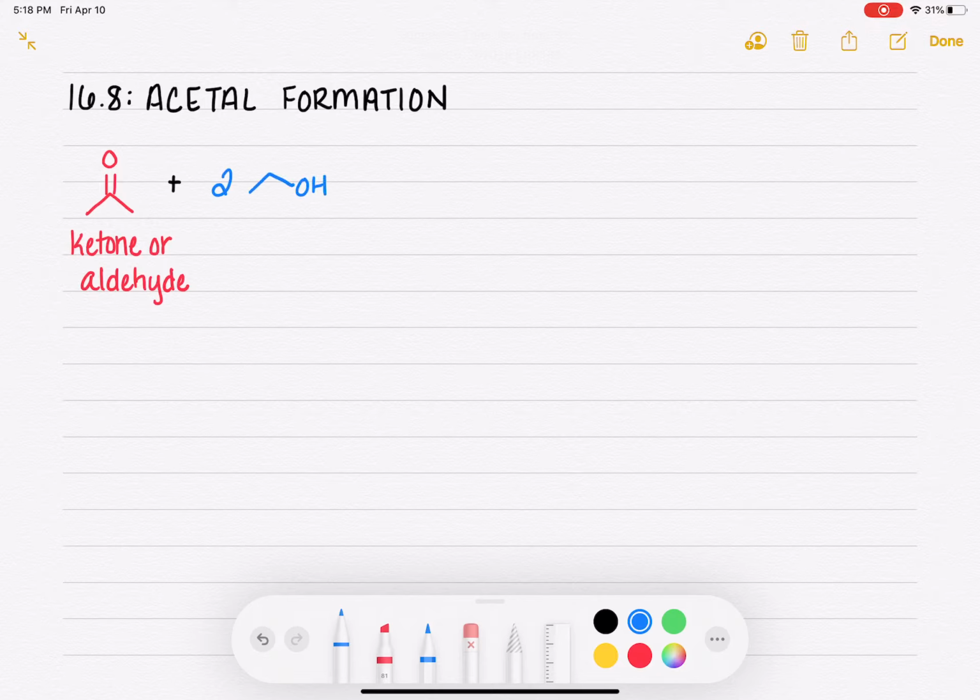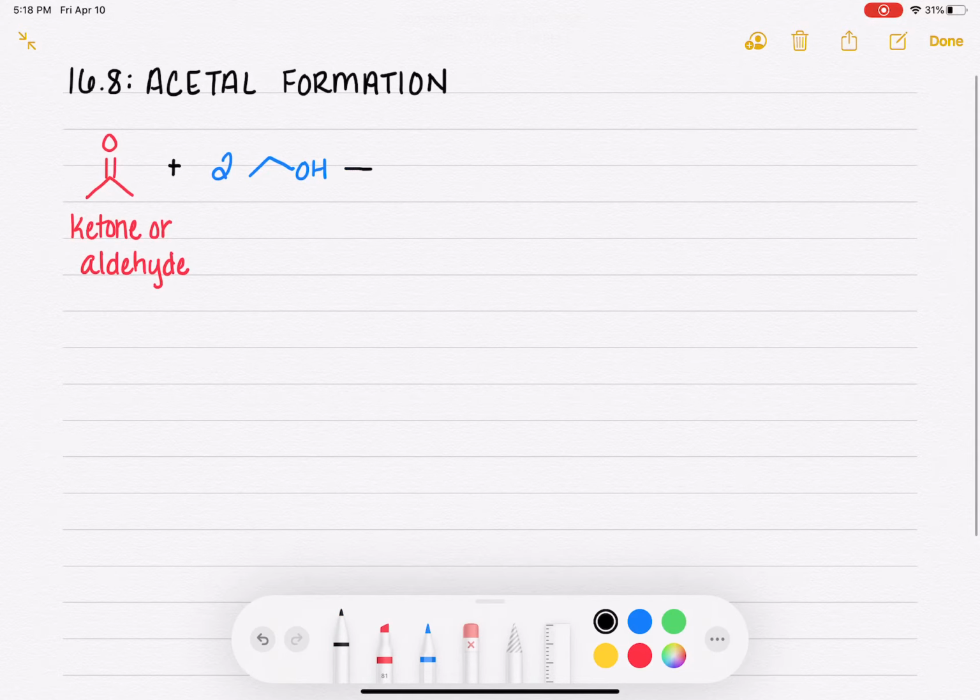I'm going to draw them with their line structure like that. This reaction requires catalyst from an acid. So you could see H plus written underneath the arrow because it's a catalyst.